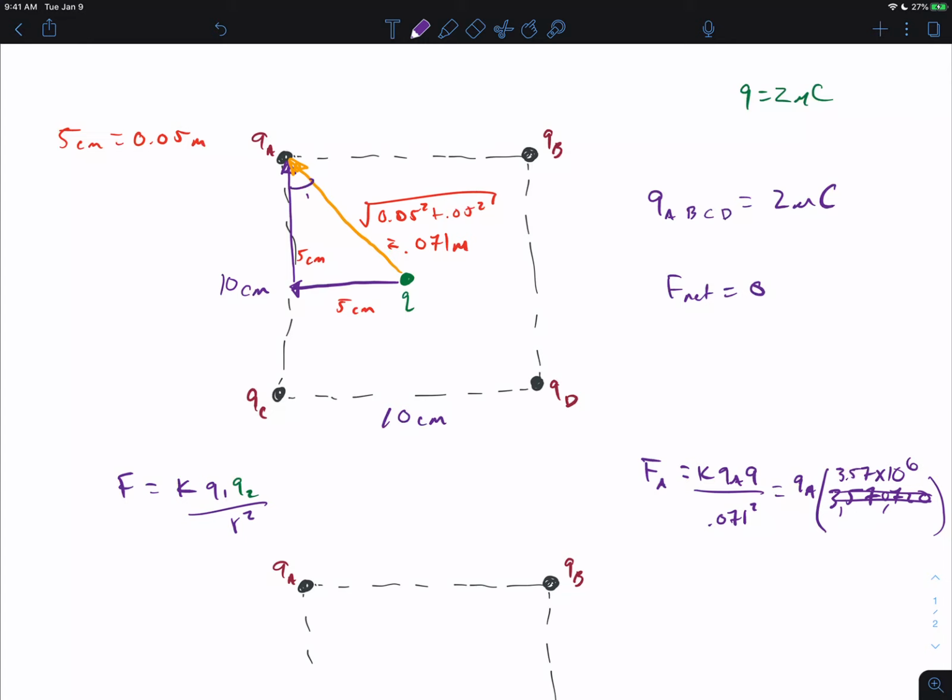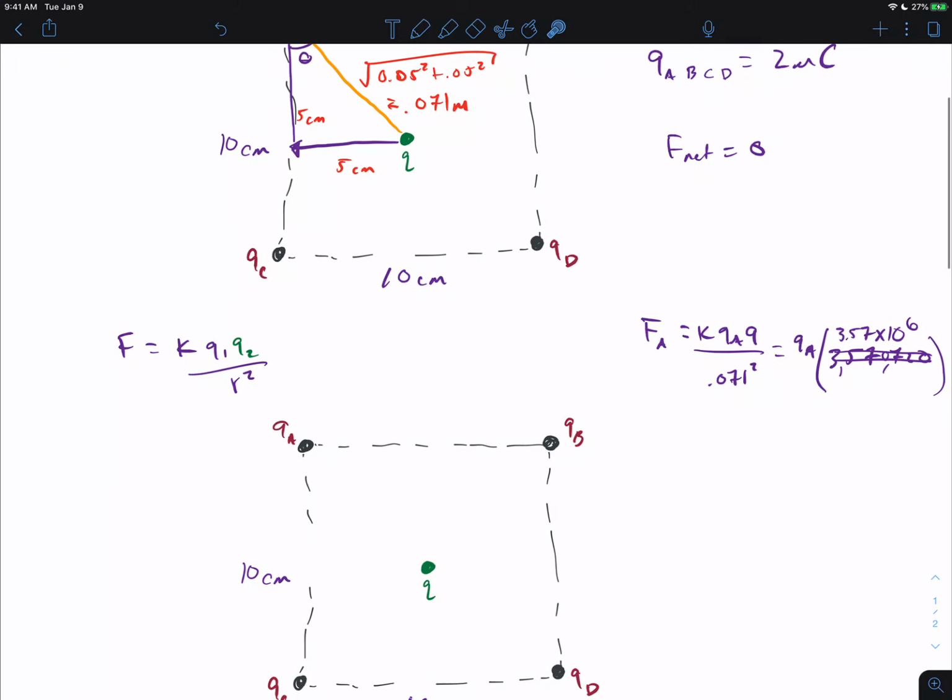This angle right here, we know is just 45 degrees. So whatever force I get from this, let's go ahead and multiply this out to give us a number. This will be times 2 times 10 to the negative 6.